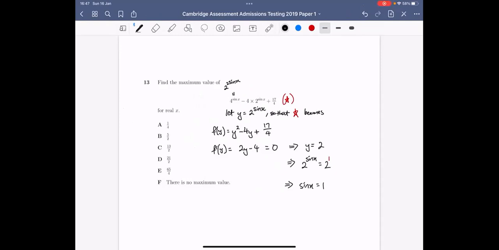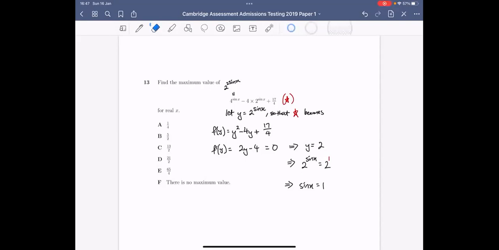I'm guessing there's no maximum value. Or maybe I'm not meant to differentiate.